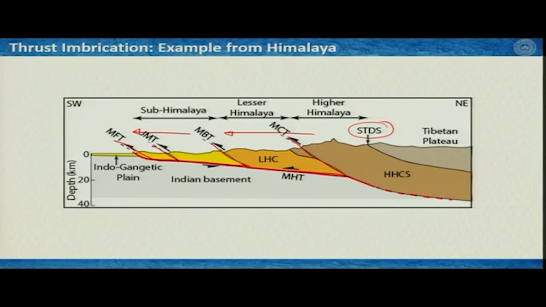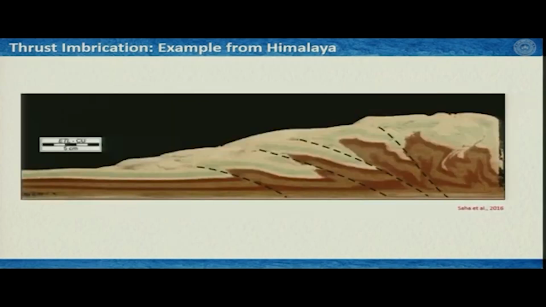People generally study these kinds of things with sandbox models. Here I have given an example from one of my juniors, Pushpendu. He performed these experiments and they got published in a paper. So here you can see, first of all, these are the imbrications. The floor thrust is somewhere here, which is moving this way. In his experiment, he has generated a series of thrust faults, and you can also see the back thrusts here.